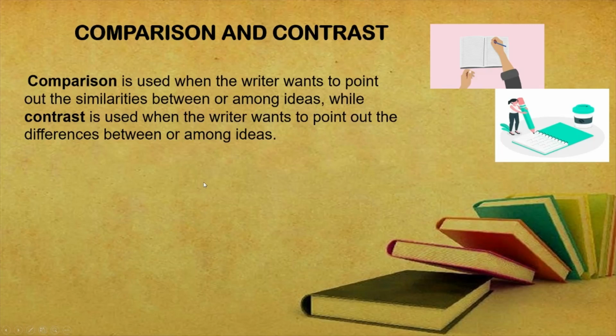So comparison, to compare persons, things, places, events, situations, or ideas, is to show how they are alike. Okay? You need to identify the points of comparison and make a list of similar characteristics or qualities for each point of comparison. So the following are words that signal similarities. Okay?